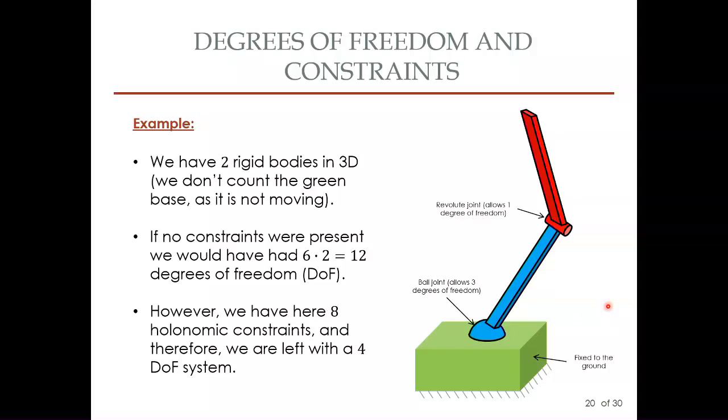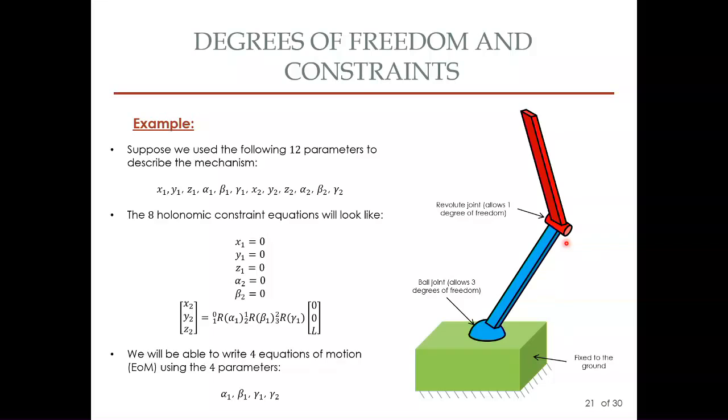So 8 constraints. Remember these 8 constraints, I can represent each of them as an equation using parameters. If I specify 12 parameters in a way that can represent all the points along this system, I can use these parameters, and the next slide gives you one example of how I can come up with 8 equations.